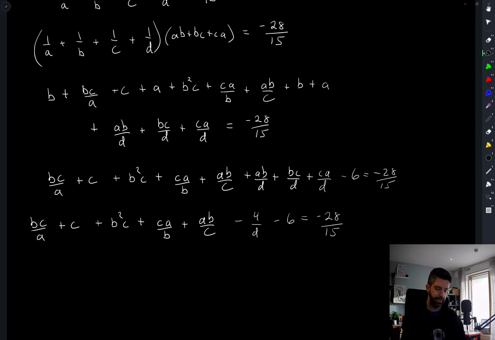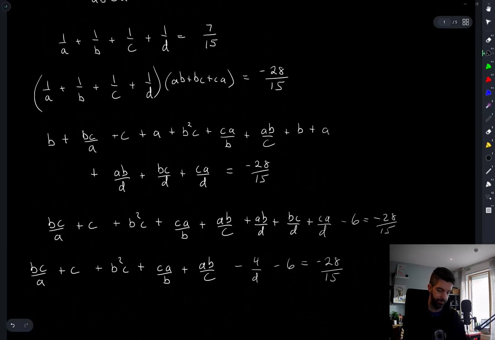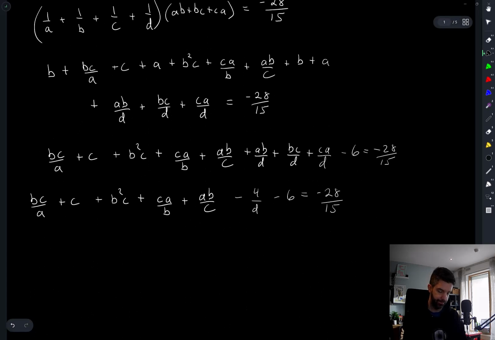I actually don't really like that I have so many things in a denominator, right? I want to write these four things squared.